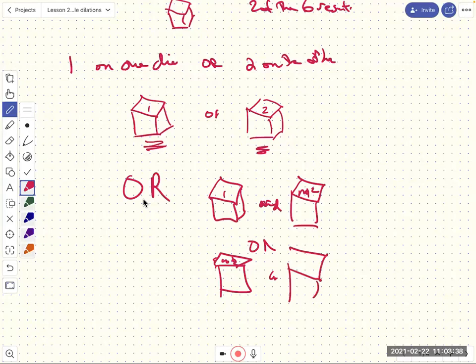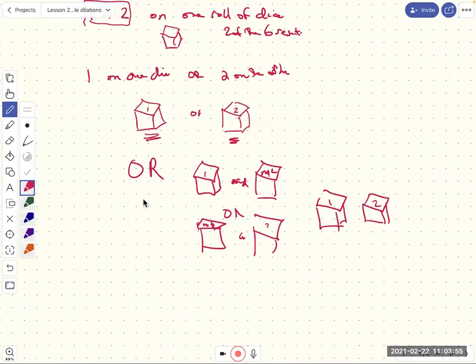In other words, is it saying I get this, or do you also accept a roll where you get both?